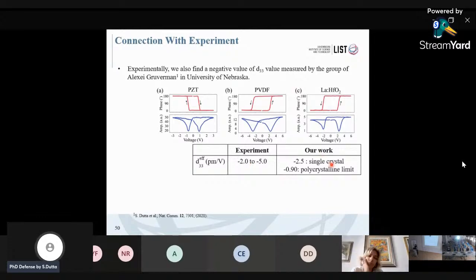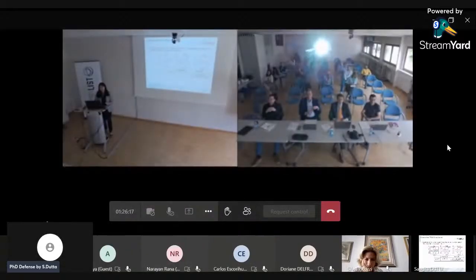To compare with their value, one fact we have considered is that in most experiments you have a polycrystalline sample, so your grains are not oriented in a particular direction. For that, we have calculated an effective average, and as you can see, we are well matched with that.